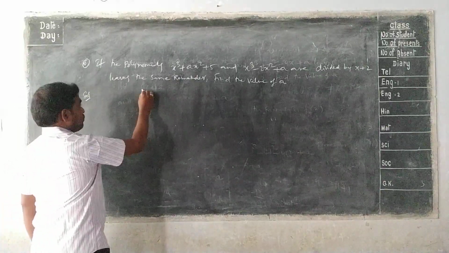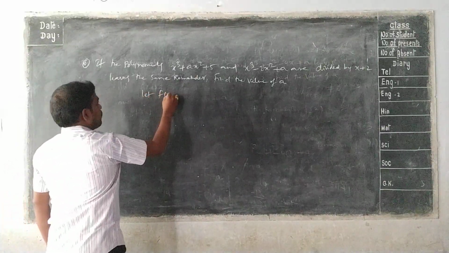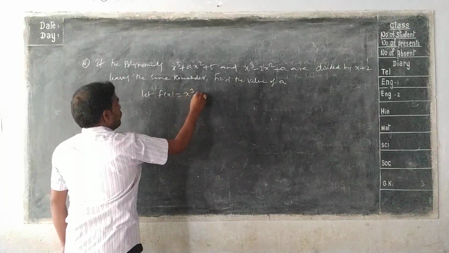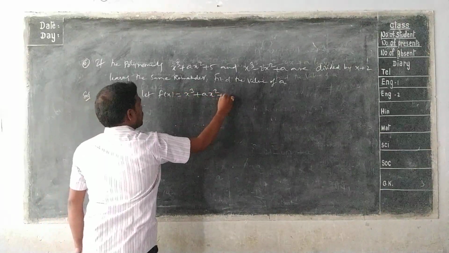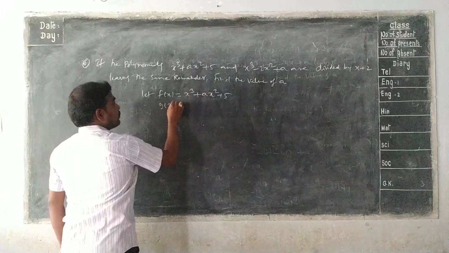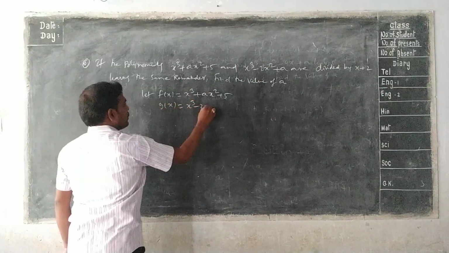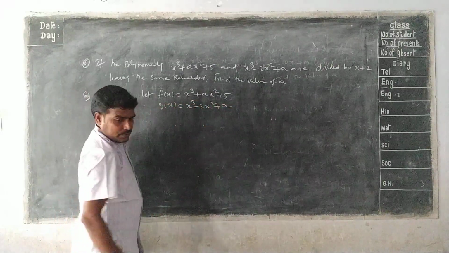So first you have to assume two polynomials as f of x and g of x. f of x equal to x cube plus ax square plus 5. g of x equal to x cube minus 2x square plus a.